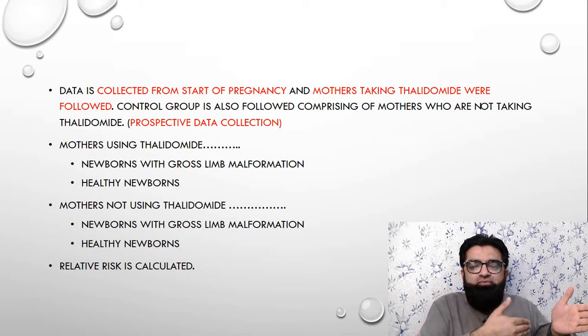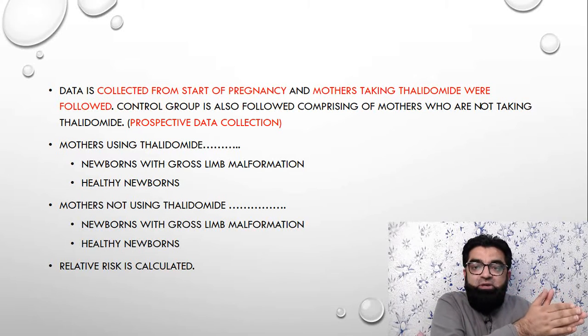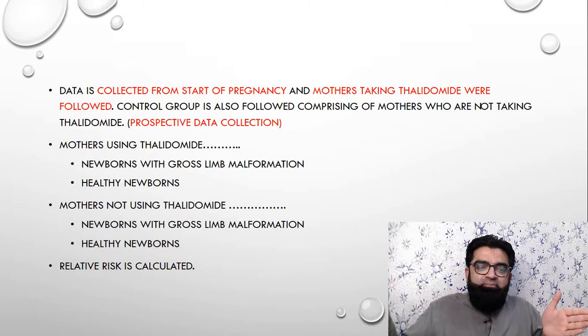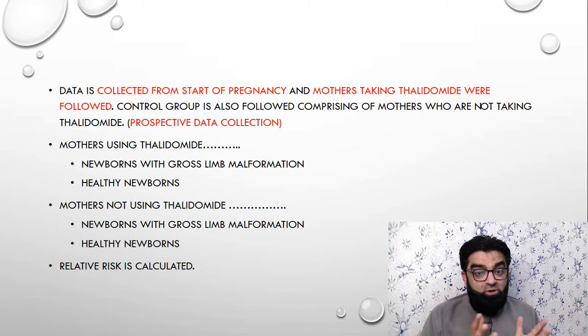The control group is also followed, comprising mothers who are not taking thalidomide. So we have two groups, mothers who are using thalidomide and mothers who are not, and both groups can have newborns with gross limb malformation as well as healthy babies.